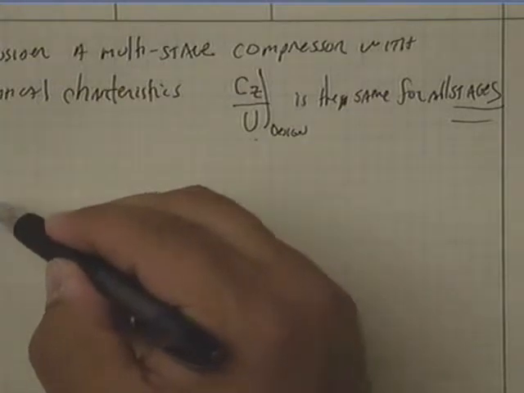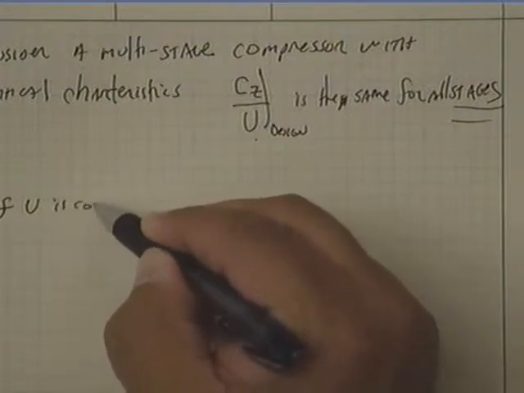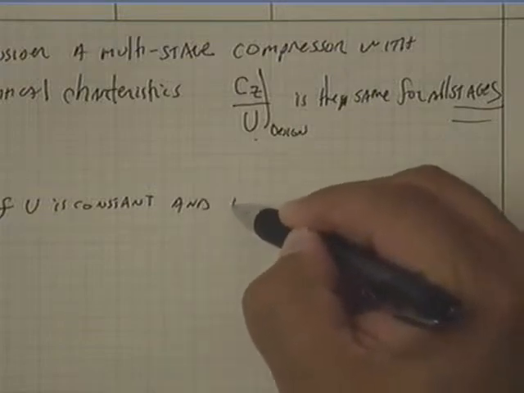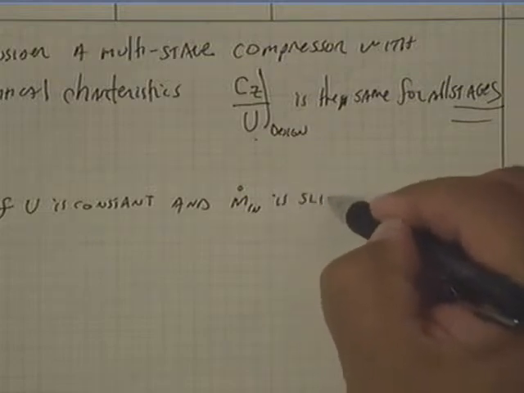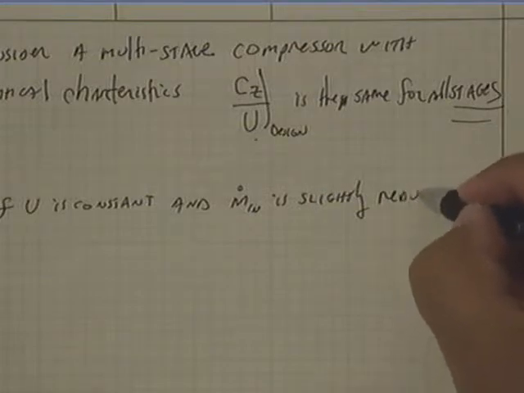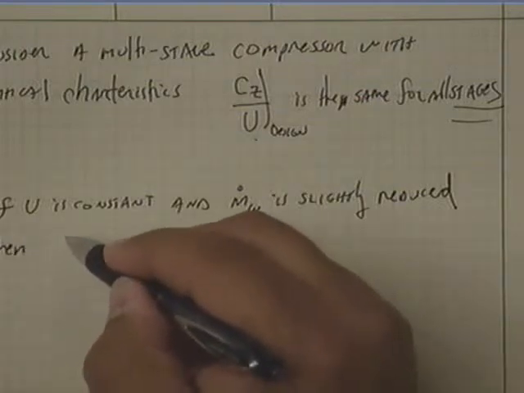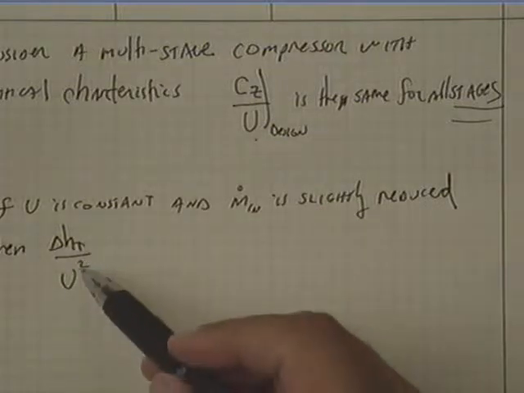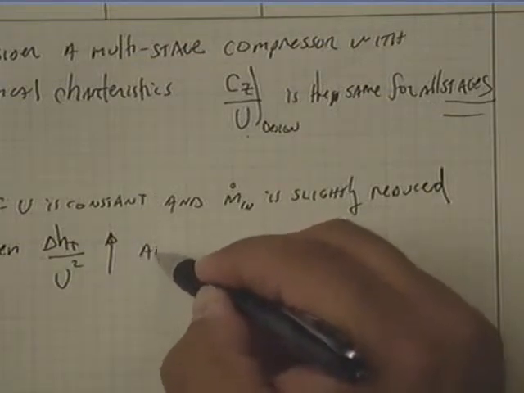So let's think about this condition. If U is constant and the inlet mass flow to the compressor is slightly reduced, then the work, right, the normalized work, will increase at the first stage.